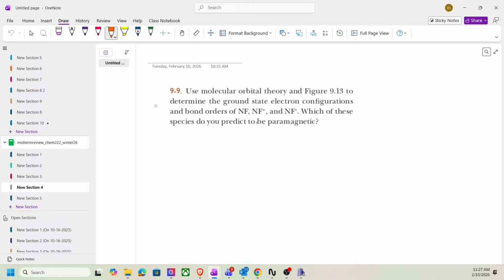This is what you'd be expected to do on an exam. Look at the bond order of NF, NF plus, and NF minus. There'll be other free response questions, but like I said, I'm not sure exactly what mix I'll land on. But let's start with this one.